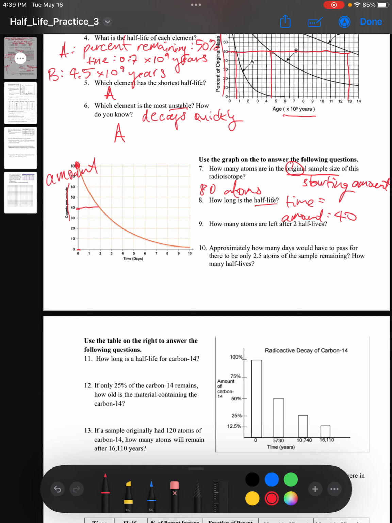The time when there's 40 atoms, that's 2. What's the unit of time? Days. How many atoms are left after 2 half-lives? 1 half-life, that's 40 atoms. 2 half-lives, that's 40 divided by 2, 20 atoms.